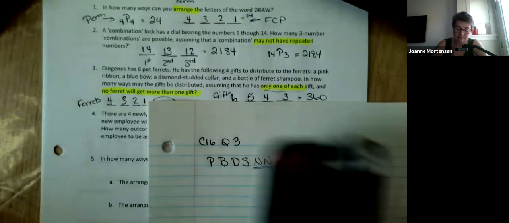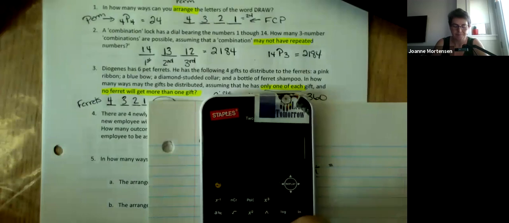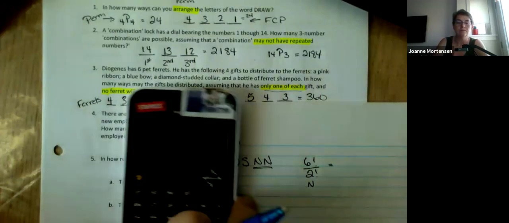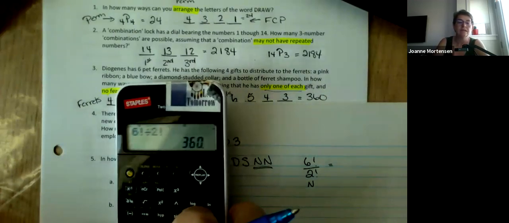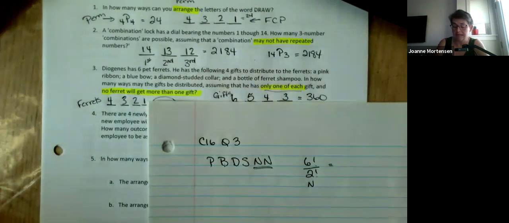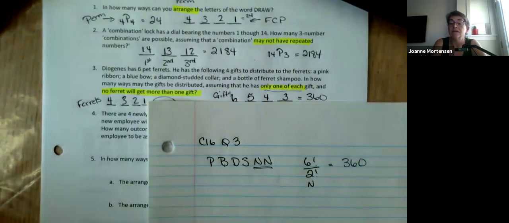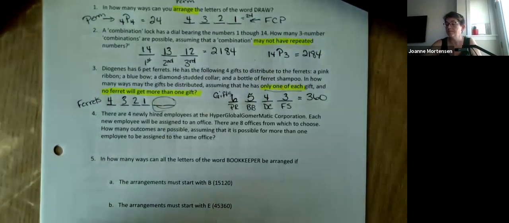And surprise, 6 factorial divided by 2 factorial is 360. Ta-da! I just discovered that, figured that out myself right now. So there's a lot of different ways to do these questions. Okay, next one.